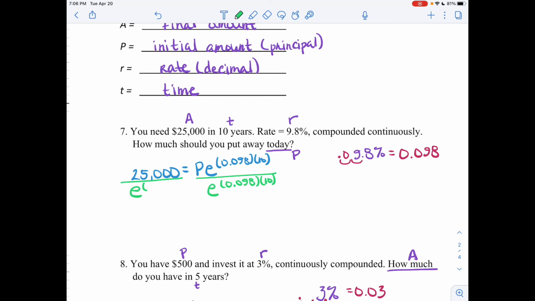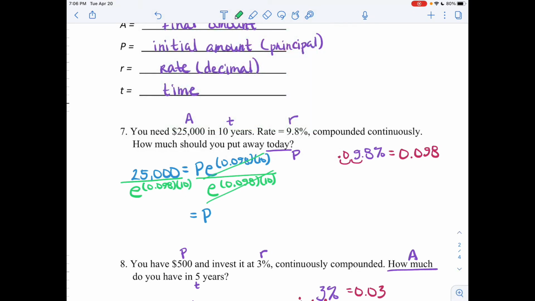Divide by E raised to the 0.098 times 10. So here's what that's going to do for me. That's going to cancel out this E raised to that power, and just simply leave me with P on this side. And now what I can do is put this in my calculator.